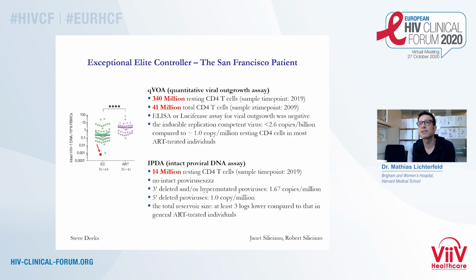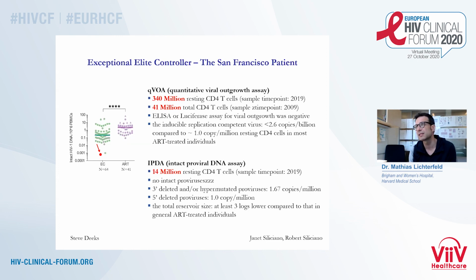We also did additional studies here. So we did a QVOA, which is a quantitative viral outgrowth assay. A total of 340 million resting CD4 cells were isolated and subjected to that assay in one experiment, and there was a second experiment where 41 million total CD4 cells were isolated and subjected to this experiment.